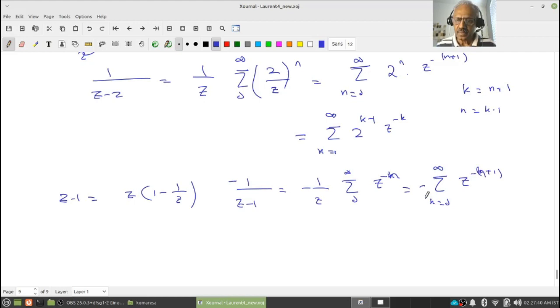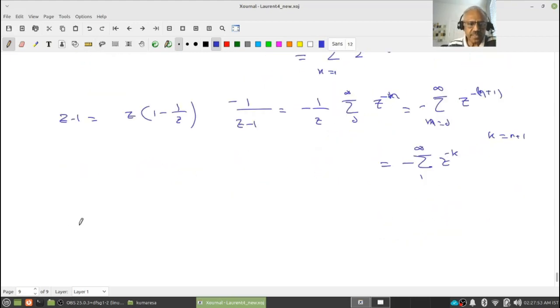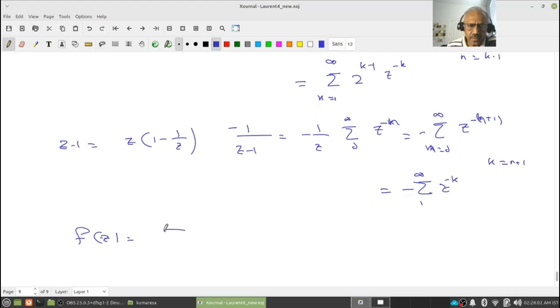Put k equal to n plus 1 again. When n is 0, k equals 1, therefore this is equal to minus z to the power minus k, k equal to 1 to infinity. Therefore the Laurent series of f is going to be the sum, k equal to 1 to infinity, of (2 to the power k minus 1, minus 1) into z to the power minus k.